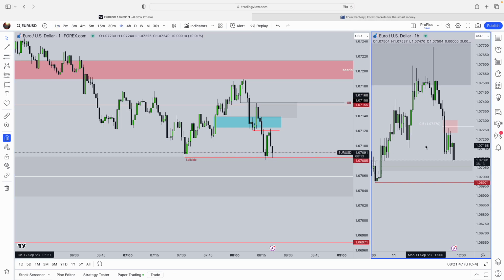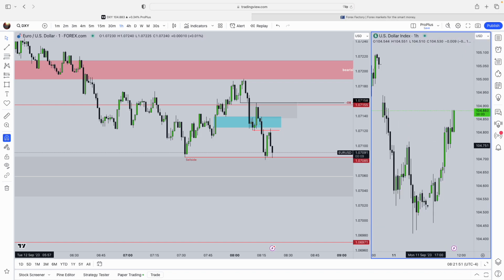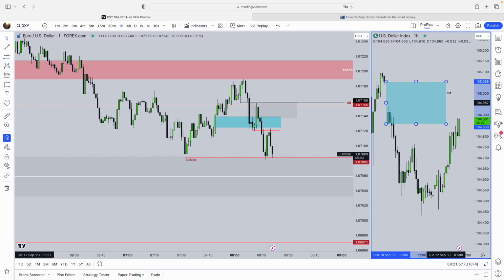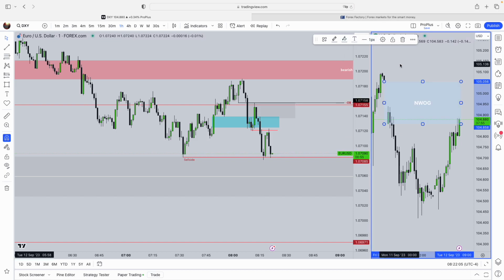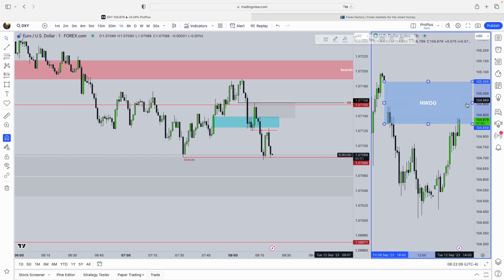Let's take a look at the DXY. So here is the new weekly opening gap. Change that colour, it's not nice. Something like that.